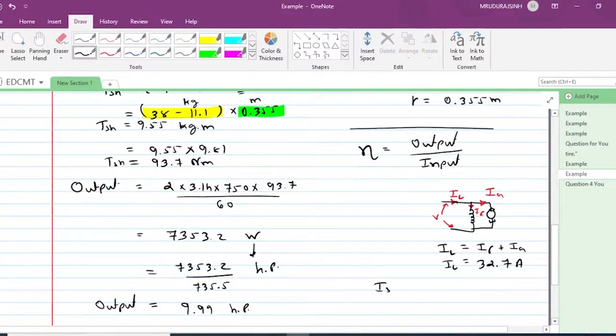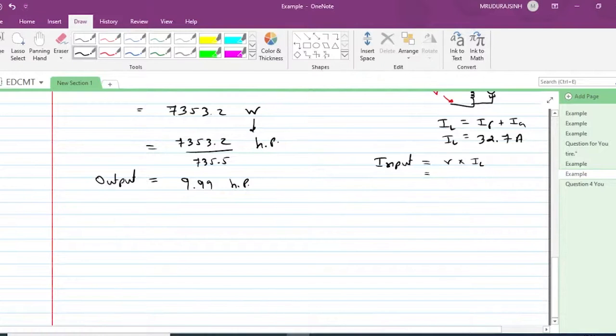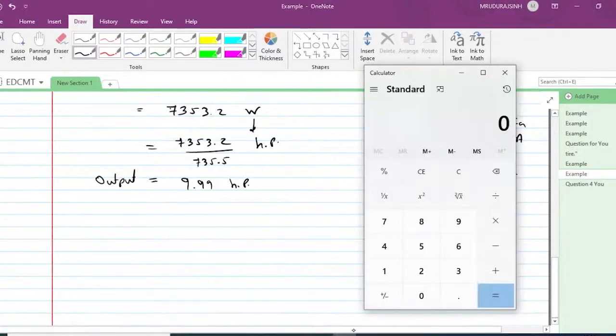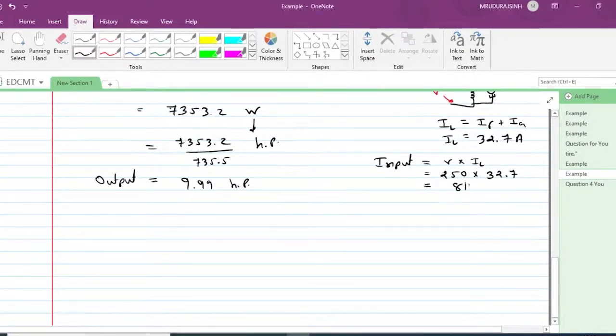So if we calculate the input power, V into IL, the supply voltage is 250 volt, so 250 multiplied by 32.7 is 8175. So we have the input, we have the output.